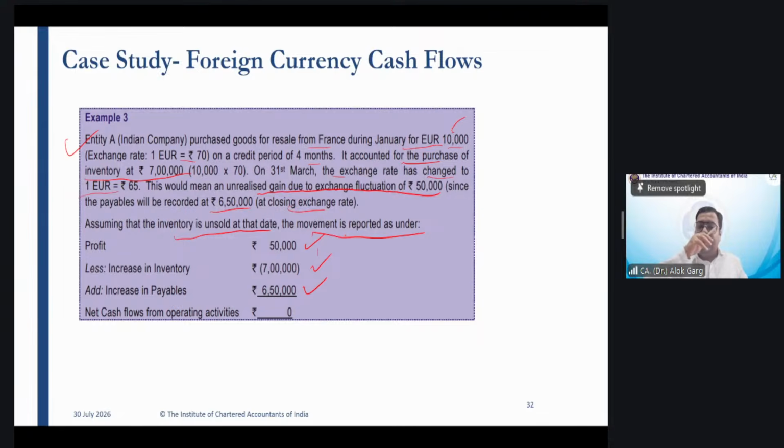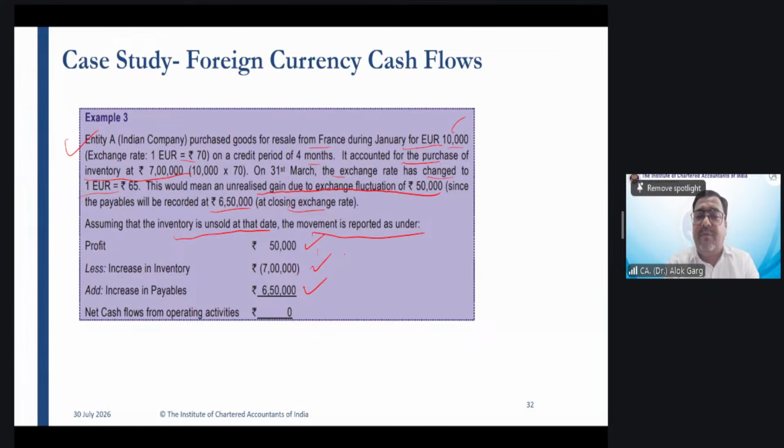Then changes in cash and cash equivalent. Then friends, if you see, this is how this transaction has to be reported.